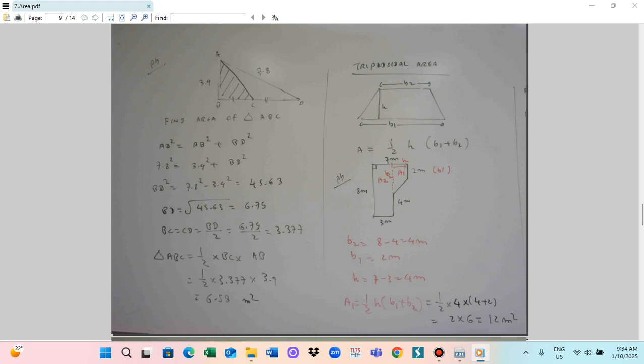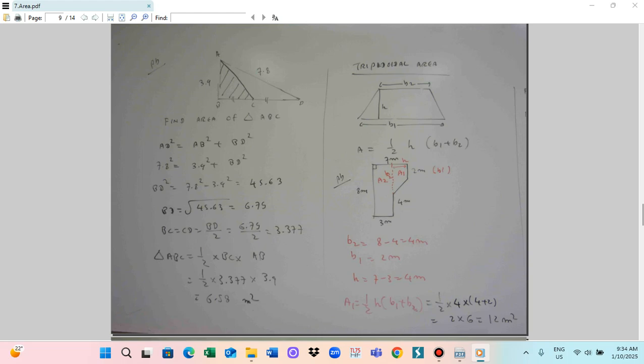So area A1 you can calculate as half multiplied by H. H is this one, and H is equal to 7 meter minus 3 meter, so 4 meter. Then area A1 is half multiplied by H into B1 plus B2.